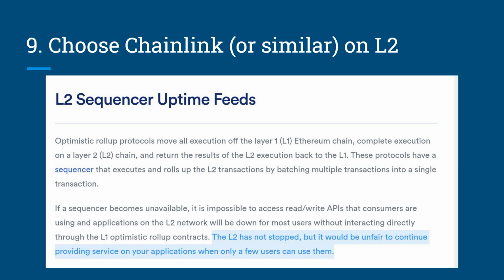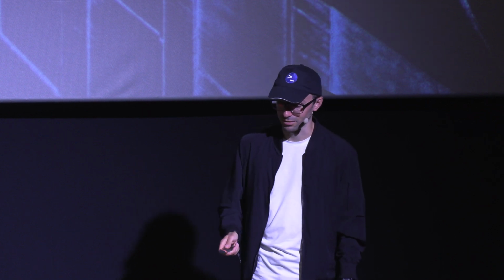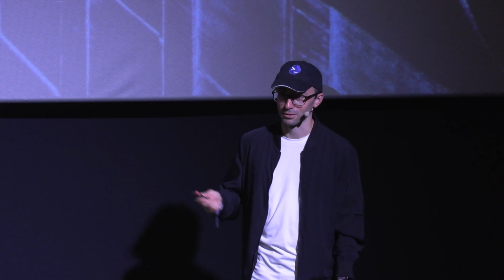If you are on an L2 and you are using Chainlink, you can use the sequencer uptime feeds. But this is very hard to test. If you have ever thought of testing whether your protocol is working right if the sequencer goes down, I honestly don't even know how you'd go about doing it. So at the end of the day, you are just trusting that the explanation here is working and the code that you copy from the docs is good.